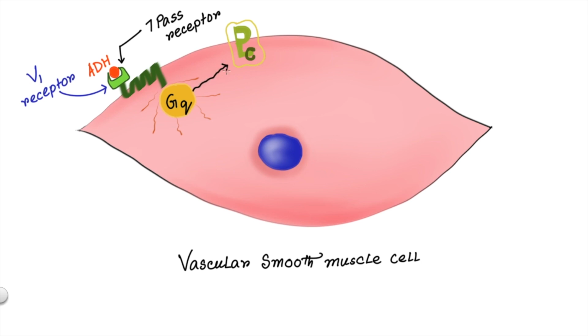Now activated Gq stimulates phospholipase C, and phospholipase C breaks phosphatidylinositol diphosphate into two parts: inositol triphosphate or IP3, and diacylglycerol or DAG.